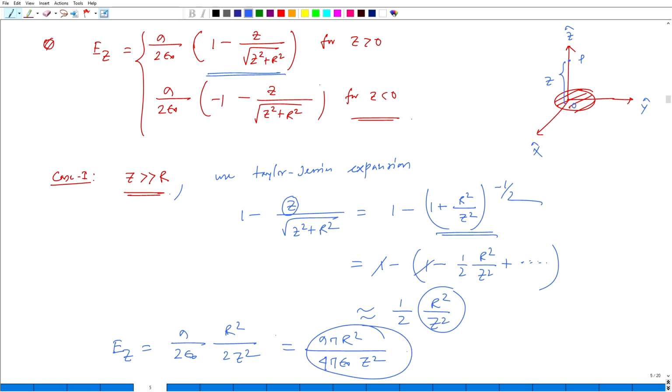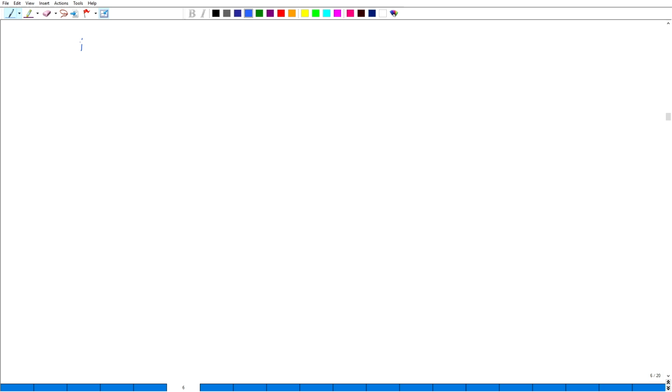So, now we calculate the total charge of the disc, Q. Sigma is uniform, so basically the surface integral of sigma times ds, integrated over S. Since sigma is uniform in this case, it is taken out of the integral, and what is the ds?